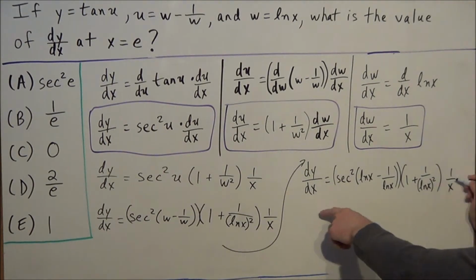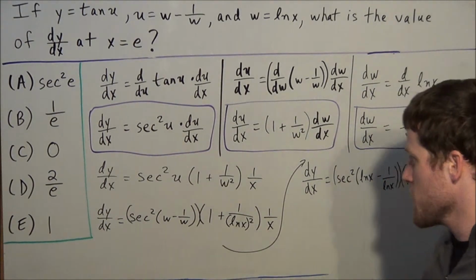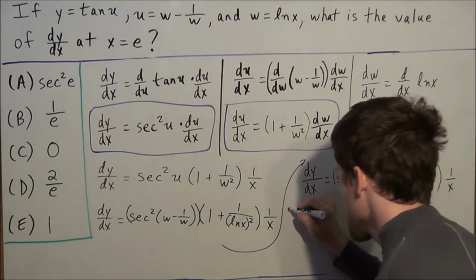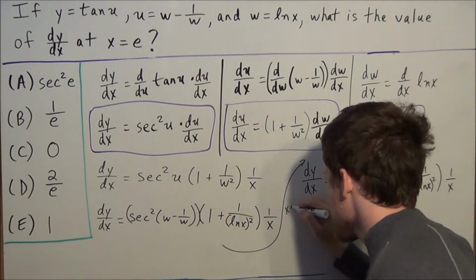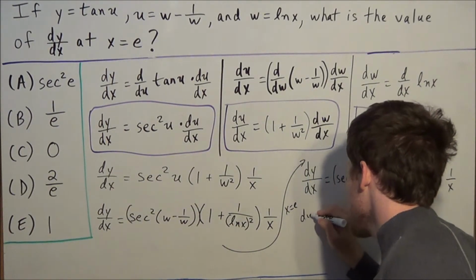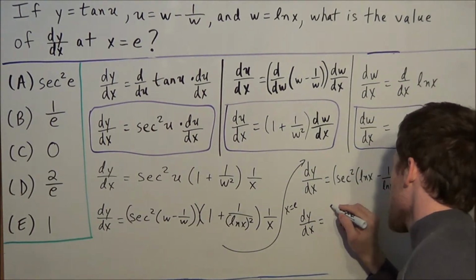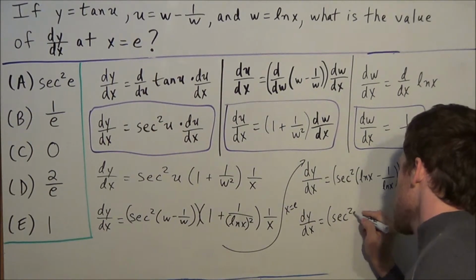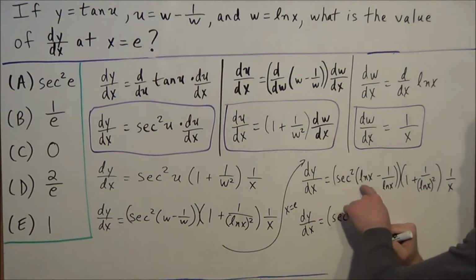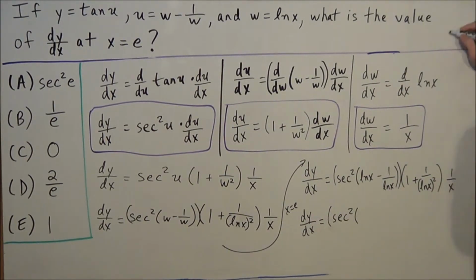But now this is the part where we care what happens when x is equal to e. So for the next line, we want to know what happens when x equals e. We're going to have dy/dx equals, and now we're going to go term by term. We're going to have secant squared. The natural log of e is equal to 1.